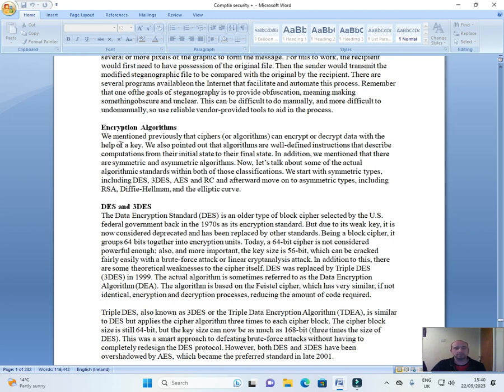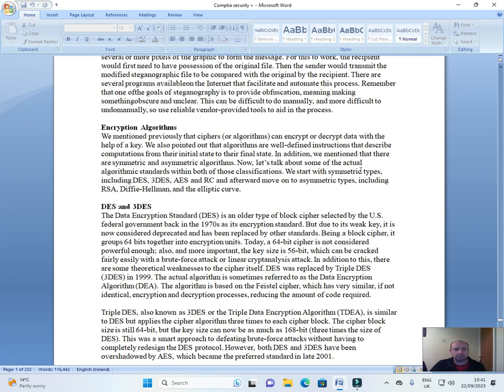Encryption and algorithms. We mentioned previously that ciphers or algorithms can encrypt or decrypt data with the help of a key. We also pointed out that algorithms are well-defined instructions that describe computations from their initial state to their final state. In addition, we mentioned that there are symmetric and asymmetric algorithms.